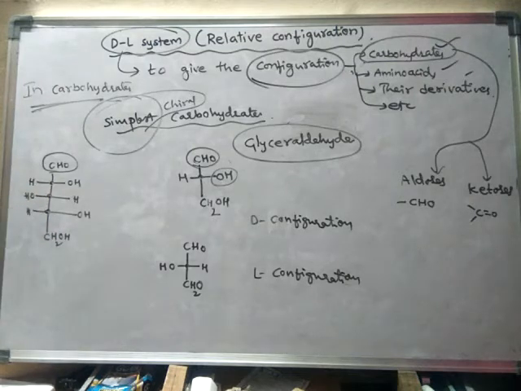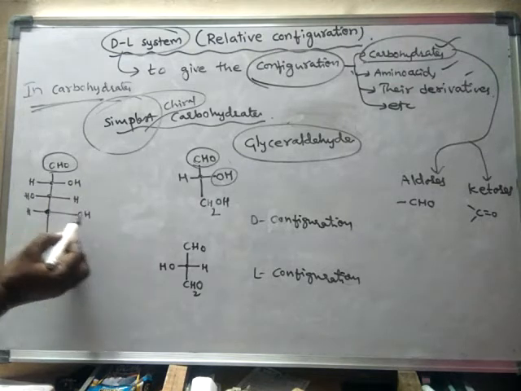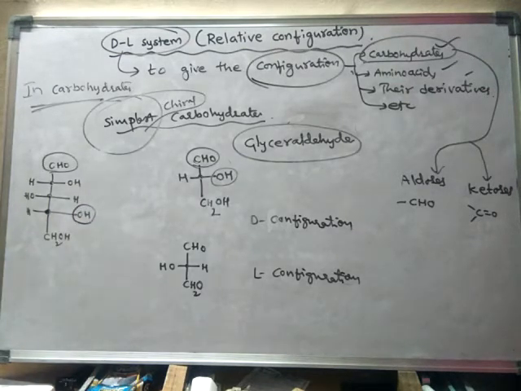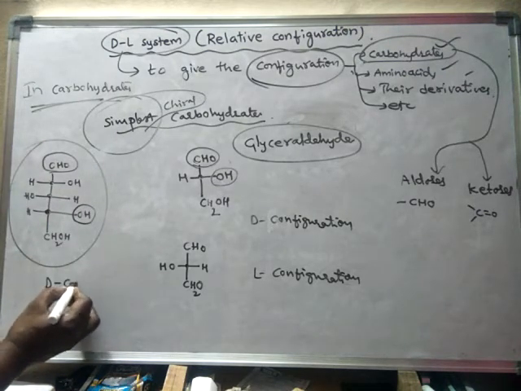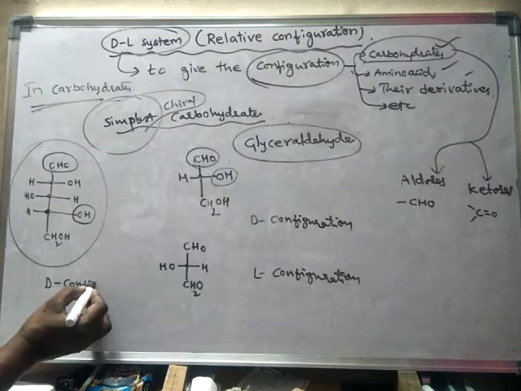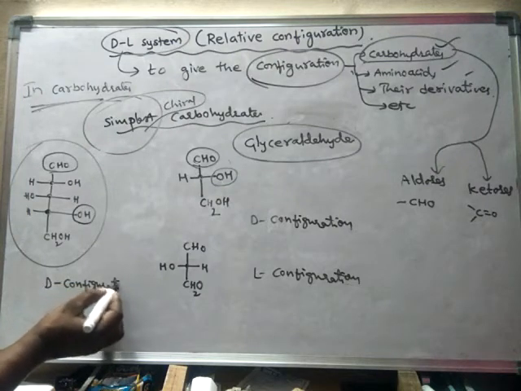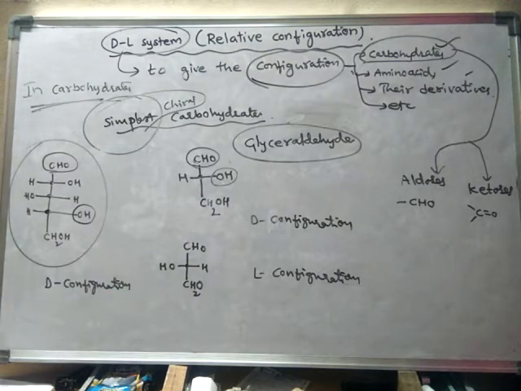Out of so many chiral centers, we see which is far away from the CHO group. In that chiral center, if the OH group is present towards the right side, then this entire compound is said to have D configuration.